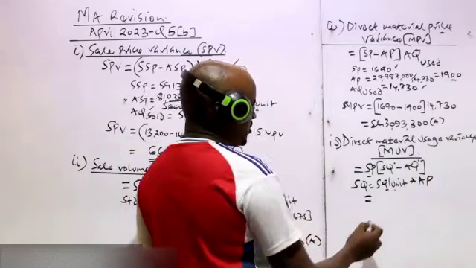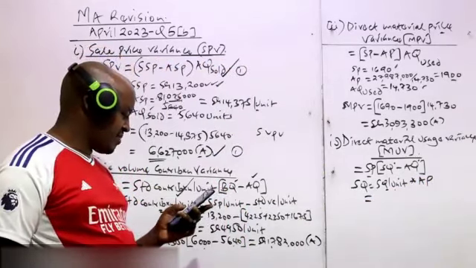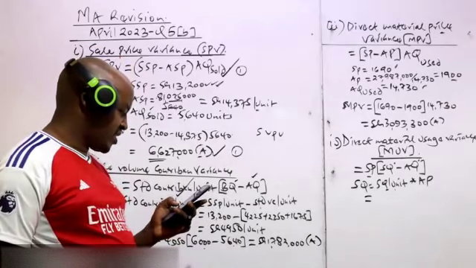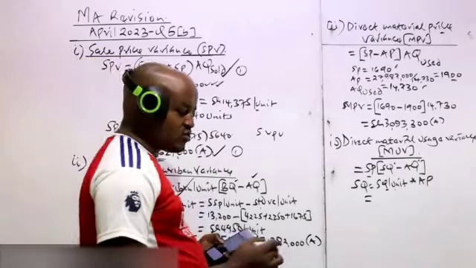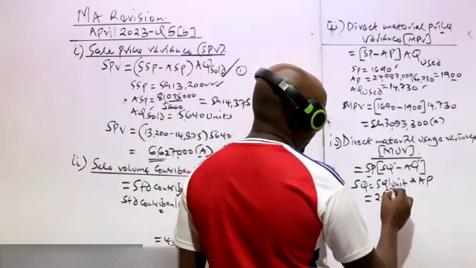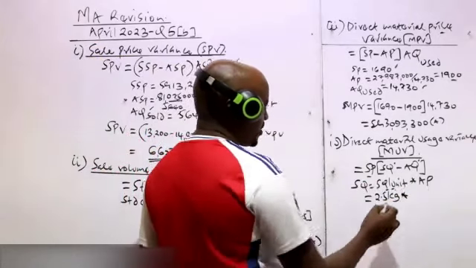First of all, we already have this in note number 3. In note number 3, we are told that to produce 1 unit of this finished product, that is XV, the company requires 2.5 kgs. So this is a standard quantity per unit. We have to multiply that with the actual production.